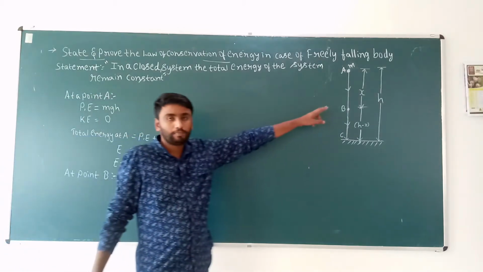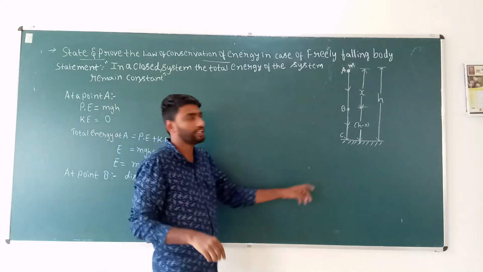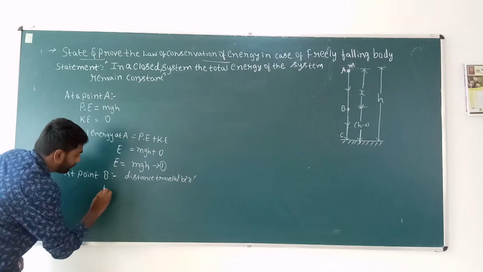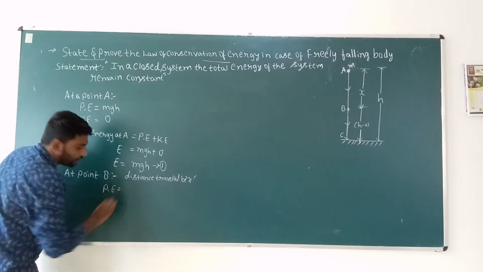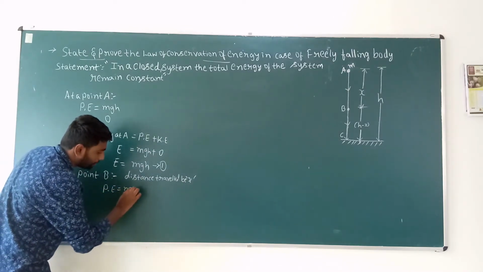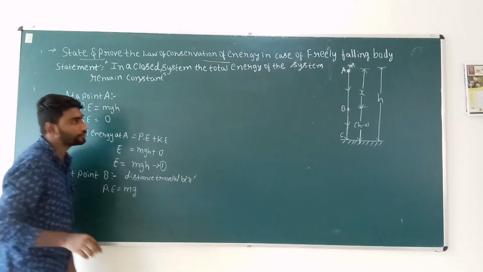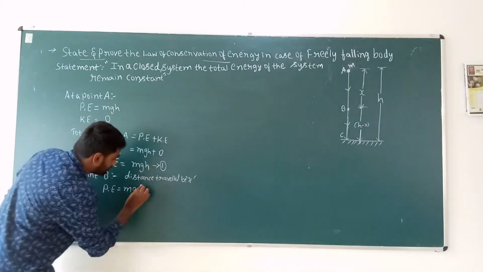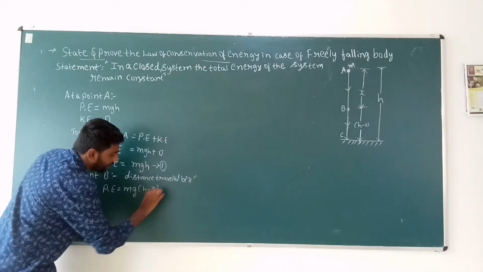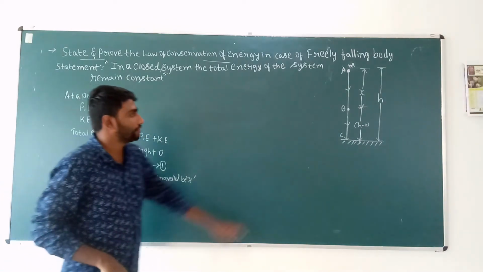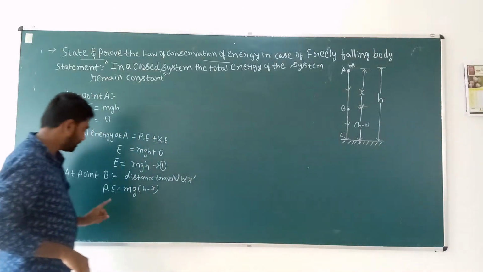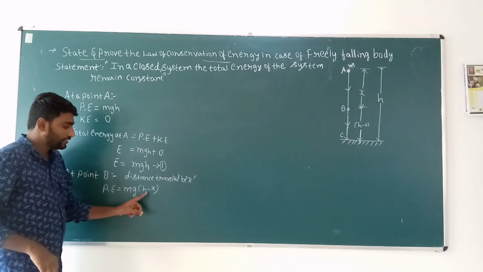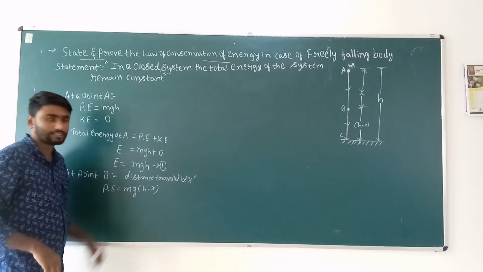At this point B, the potential energy PE equals mg into (h minus x).